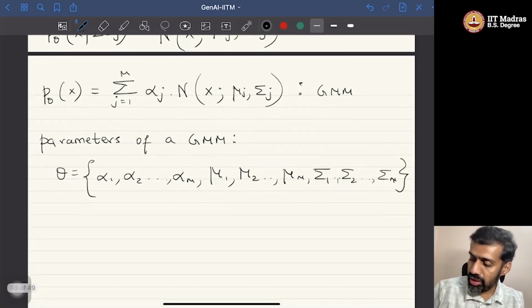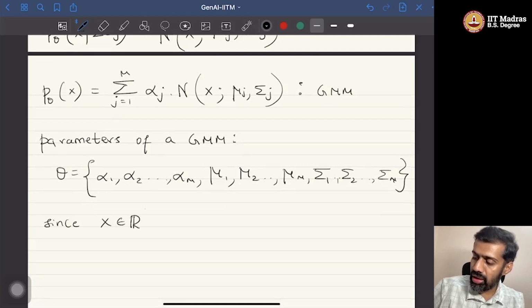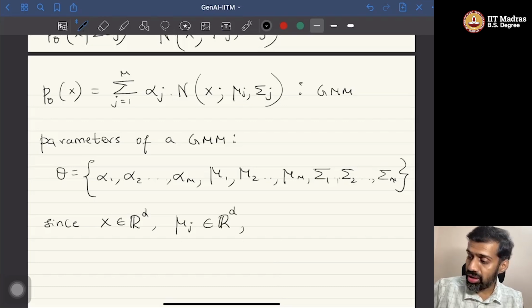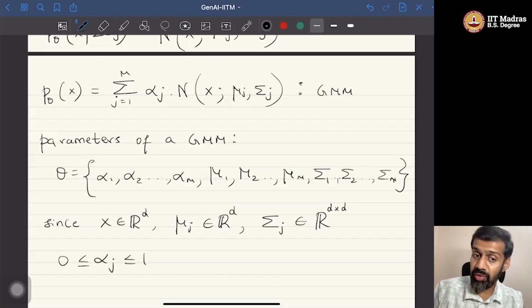Since X is in some d-dimensional real space, every mu j is also in d-dimensional real space, because we are talking about vector-valued Gaussian distributions, and every covariance matrix is in d cross d space, because it's a d by d matrix. Alpha j's are bounded between 0 and 1, because they represent the probability of a discrete random variable, which is the latent variable.